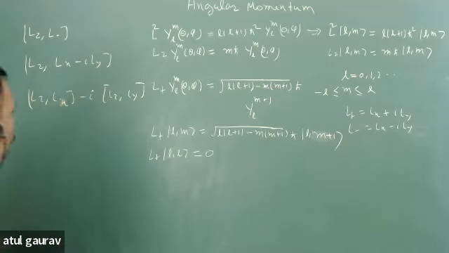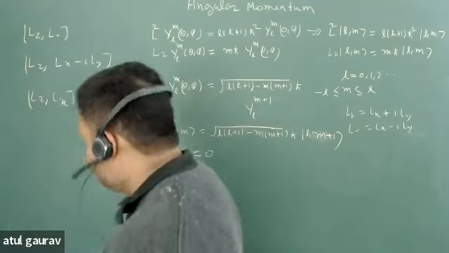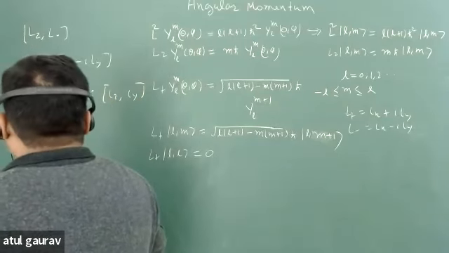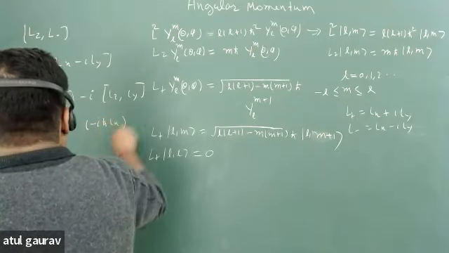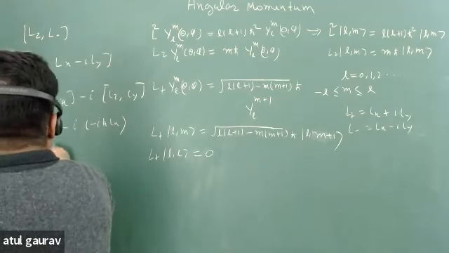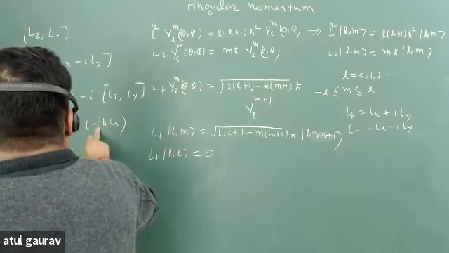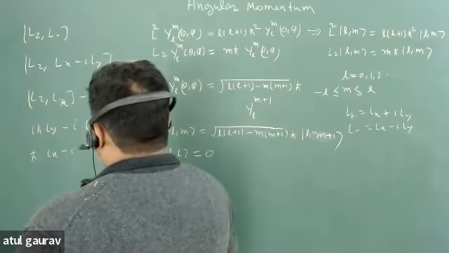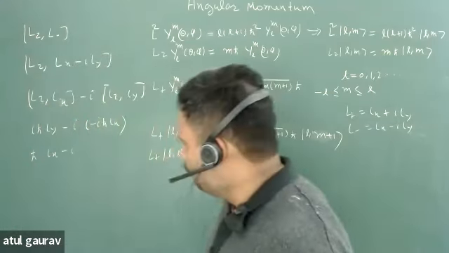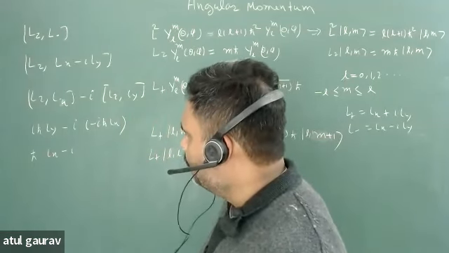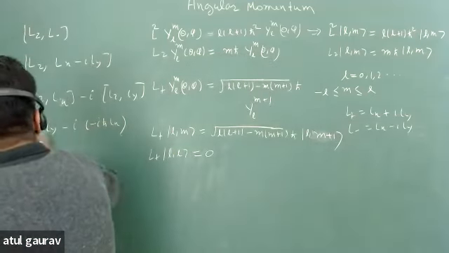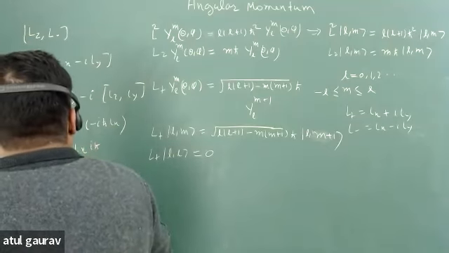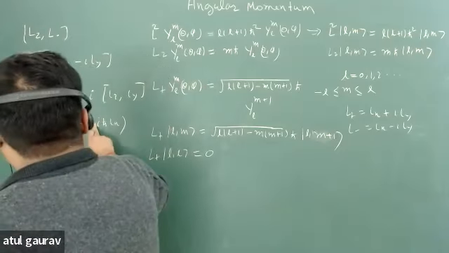So what is [Lz, Lx]? Tell me, we have done all this already, right? It is i h cut Ly. And minus i times [Lz, Ly], which is minus i h cut Lx. So we can take h cut common, and we have Lx minus, so this will be minus minus plus i into i is minus.